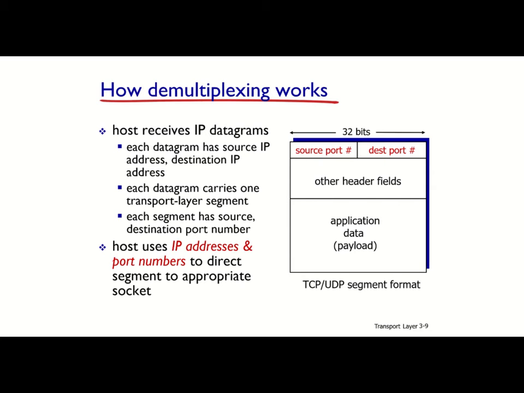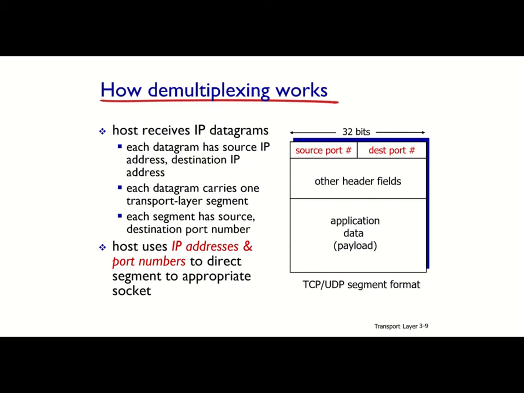The source port number specifies which socket is used for sending the segment, and the destination port number specifies which socket on the receiving side is used to receive the segment data.